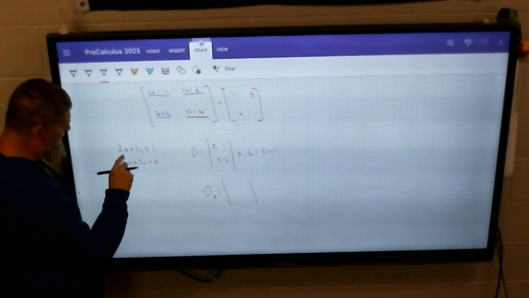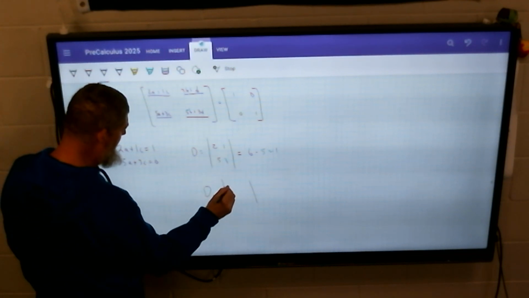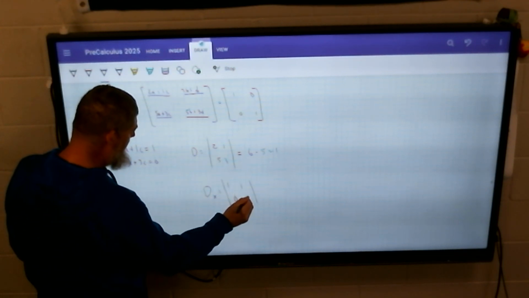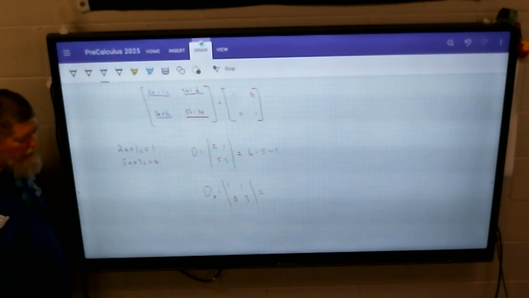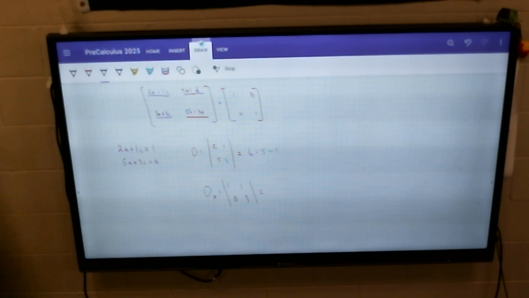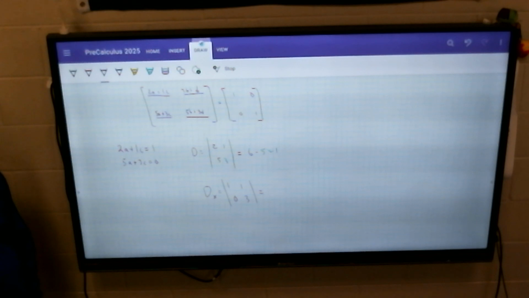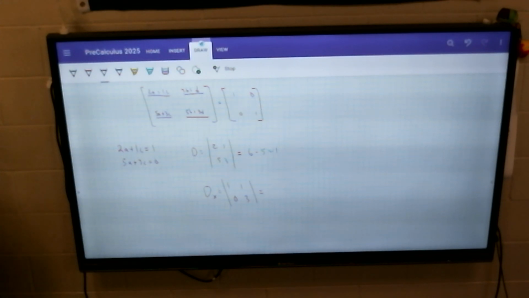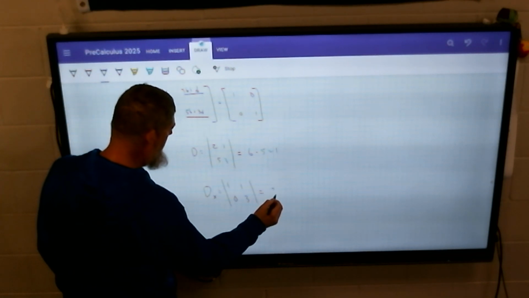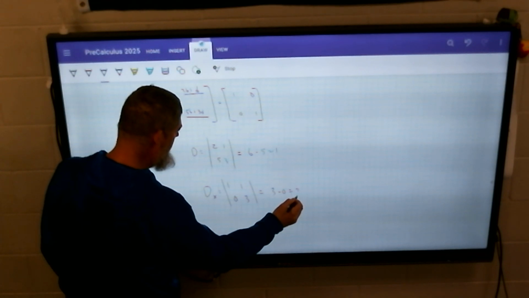It's the X, so put it in for the X. So take out the 2 and 5, put in your answer 1, 0, and the 1, 3 stays the same. So what is the determinant of 1, 1, 0, 3? It will be 3 minus 0 equals 3.